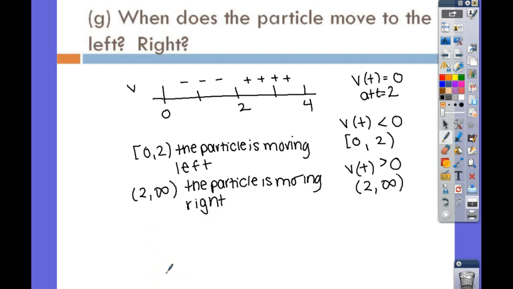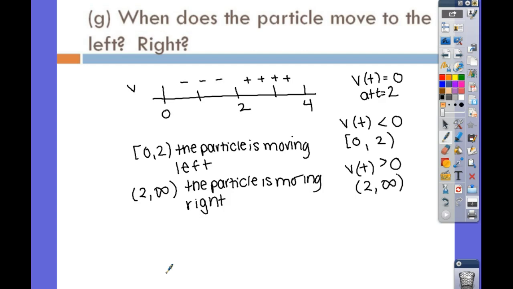So left from 0 to 2, right from 2 to infinity. Does that answer the question they asked? Yeah. Remember, we can include 0 but not the 2, because at 2, the particle has no velocity, it is 0.